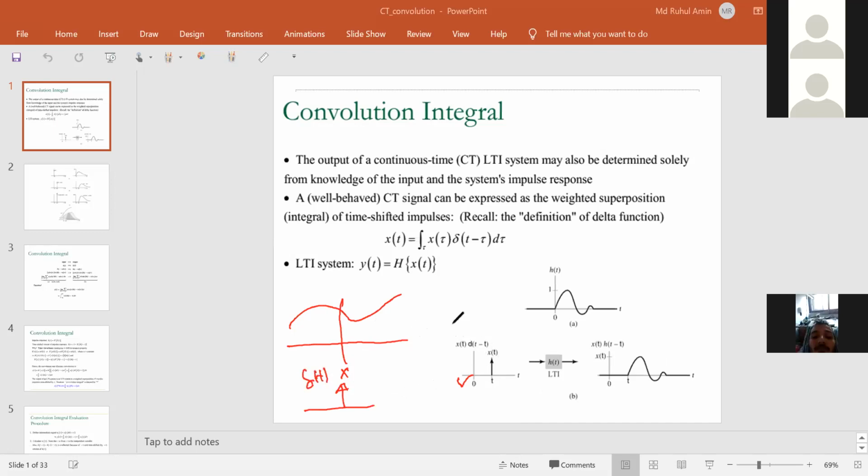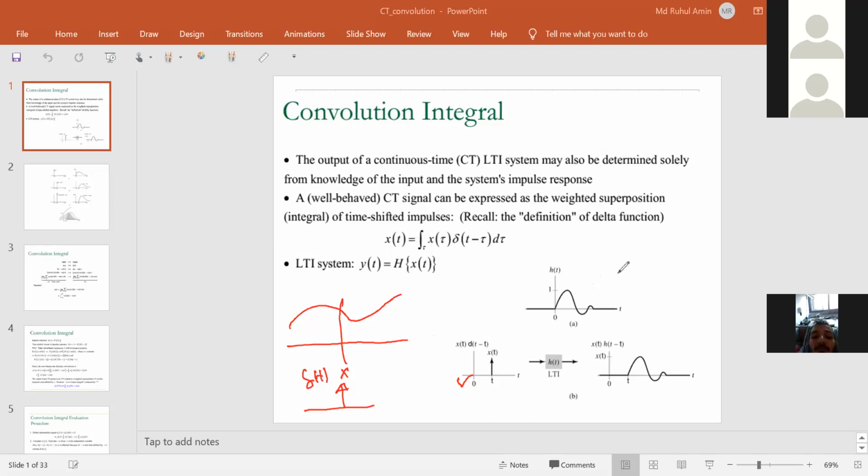That can be represented by the value of your signal at x equal to 0, because it will pick the value of your signal at that point.